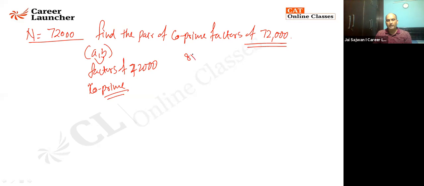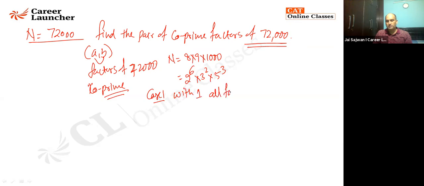72 is 8 into 9, so 72,000 is 72 into 1000. I can say it is 2 to the power of 3 and 3 is 6, 3 to the power 2 and 5 to the power of 3 is there. Fine. Case 1. With 1, all factors are co-prime.